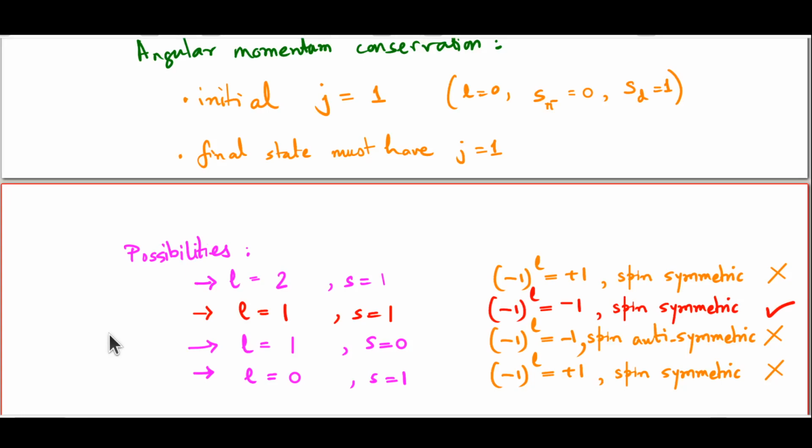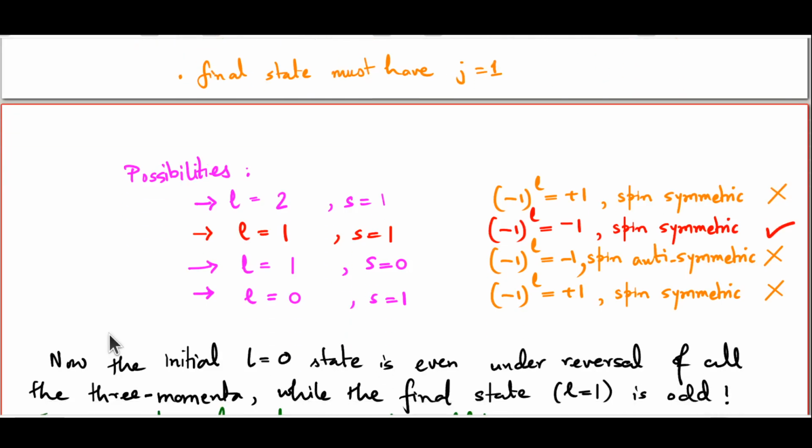So what we know at the end of this angular momentum conservation analysis, coupled with the fact that the final state particles are both fermions, is that the final state must be L equals 1, S equals 1. Now note that the initial state of this reaction was an L equal to 0 state, which is symmetric under the reversal of the individual momenta, whereas the final state is an L equals 1 state, which is actually antisymmetric under the reversal.